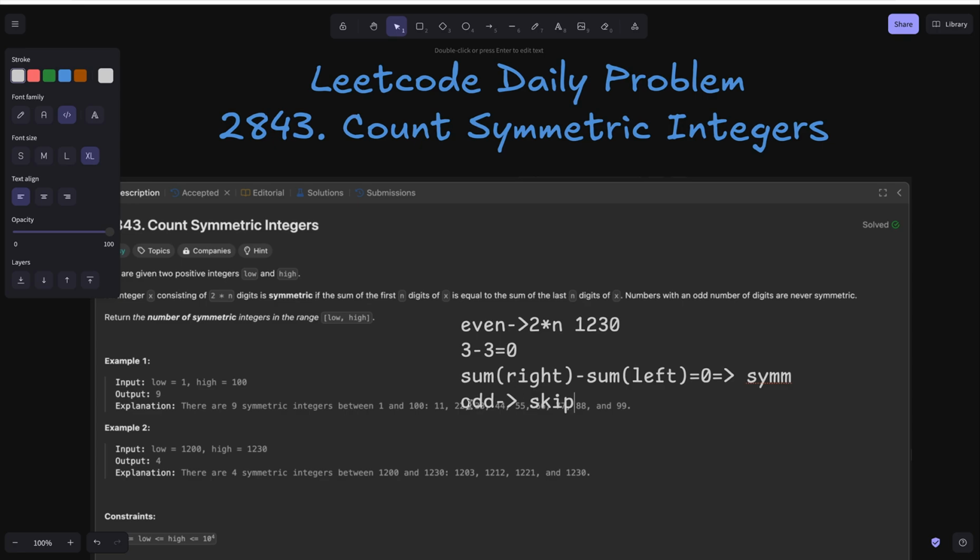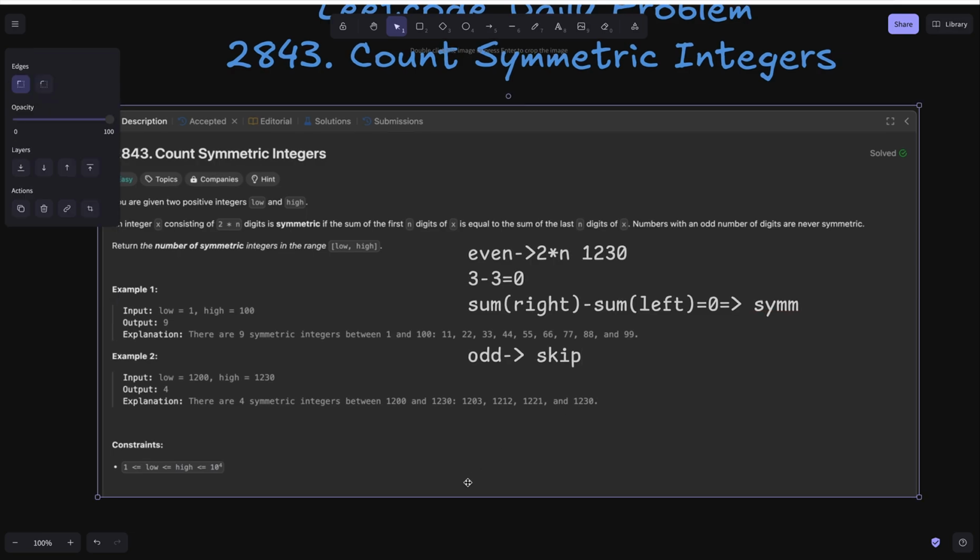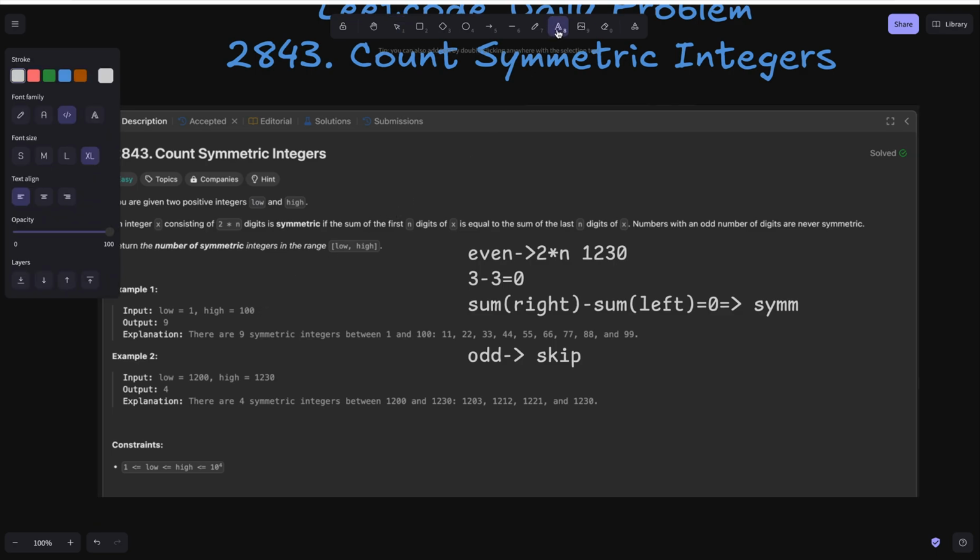To achieve this, we will simply start traversing from low to high. As we go from low to high, first of all we check if the number of digits is even or not.